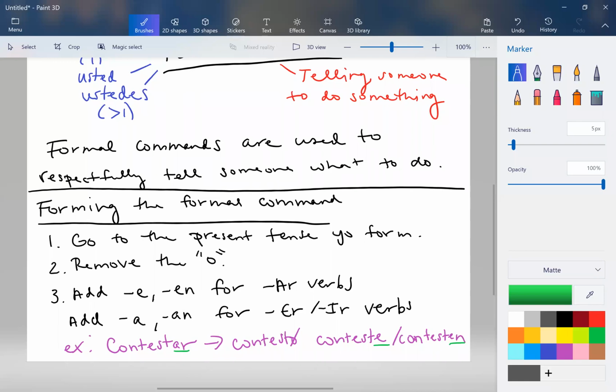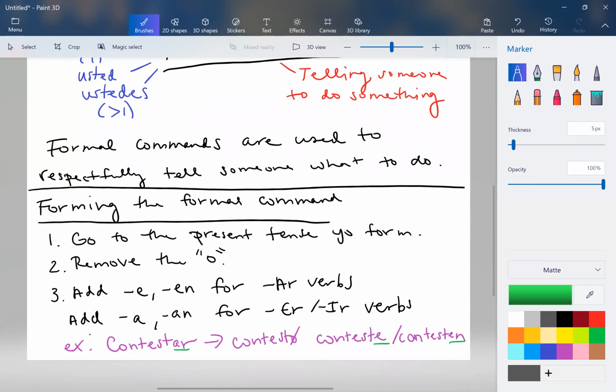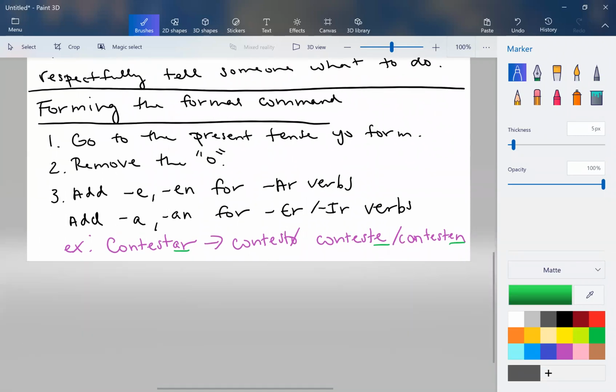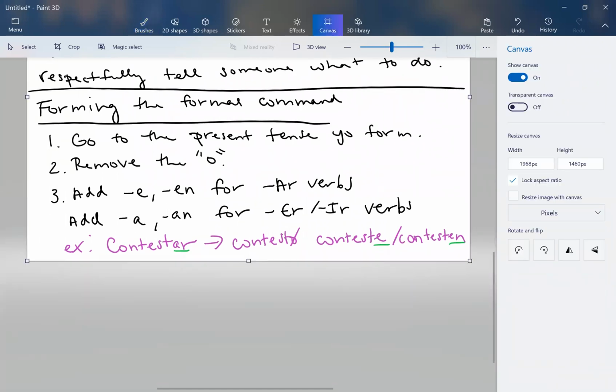Okay, so while we're looking at these 3 steps, can anybody think of some situations where we might run into problems? Go to the yo form, take off the O, add the opposite ending. Okay.